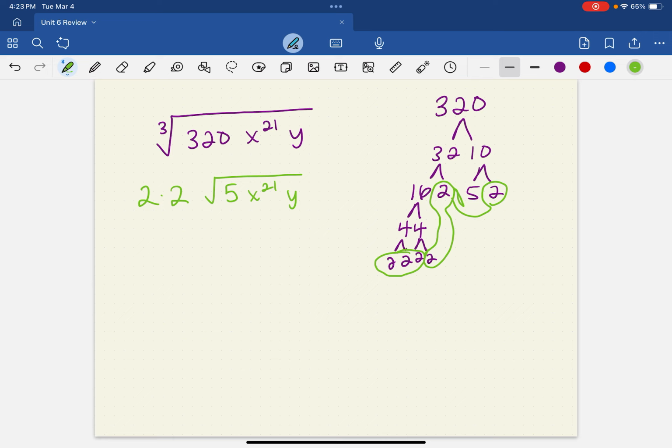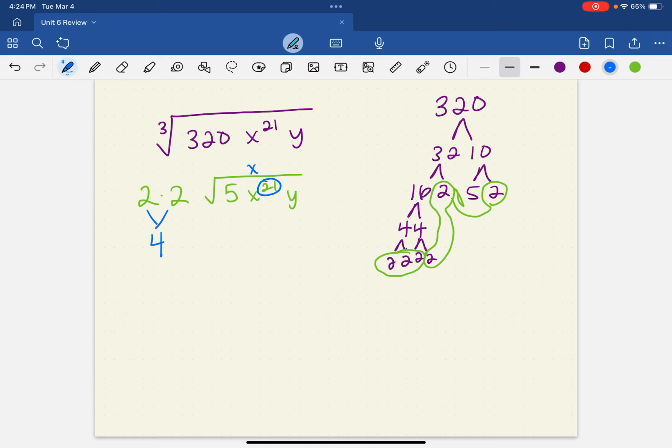Okay, so next we need to divide out our variables. So remember, it is dividing by the index. So 21 divided by 2 is not divisible, but 20 divided by 2 is divisible. So we would end up with, and I'm going to change the color really quick. So 4, I went ahead and multiplied this 2 times 2. I am doing x^21.